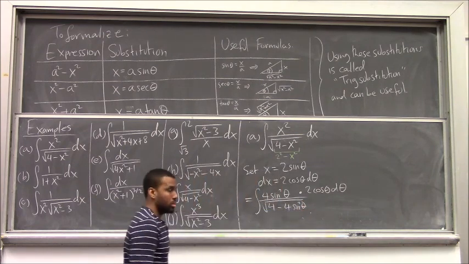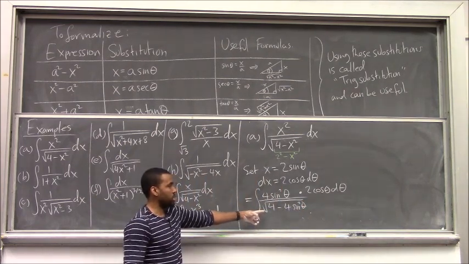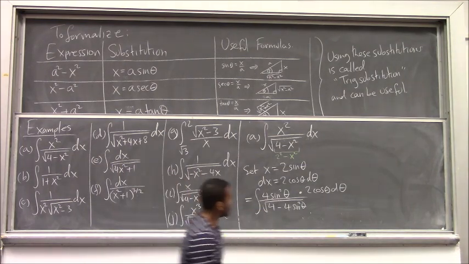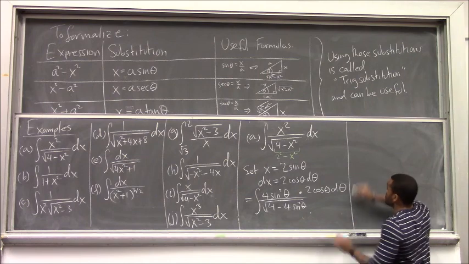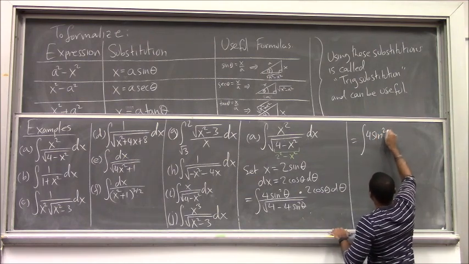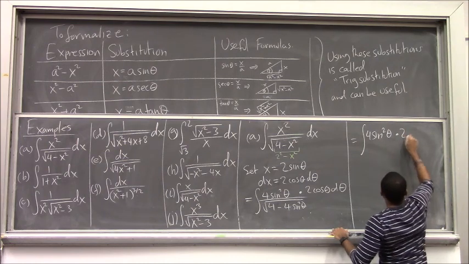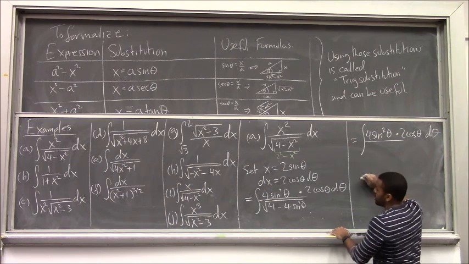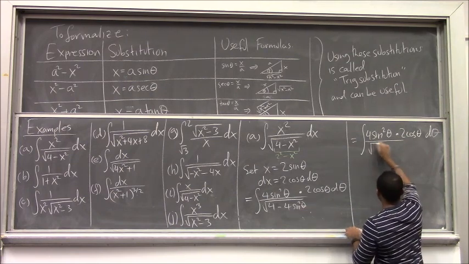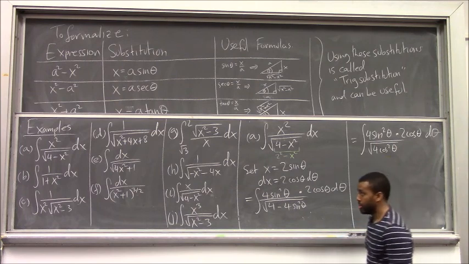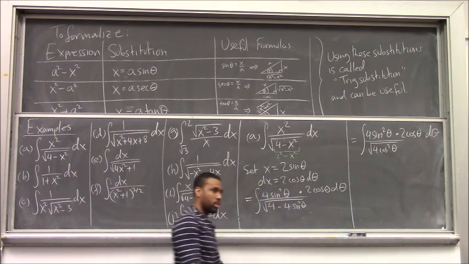But that's actually a nice expression. That's actually just 4 cosine squared. So the denominator here is really just 4 cosine squared because of the Pythagorean identity.